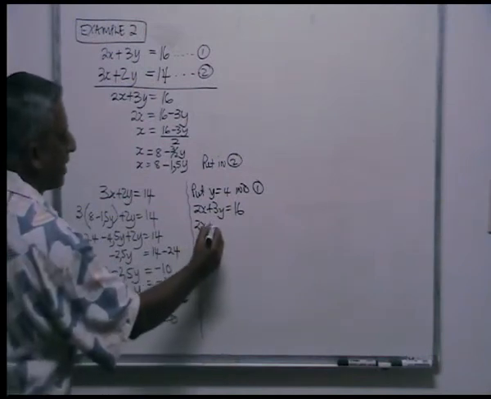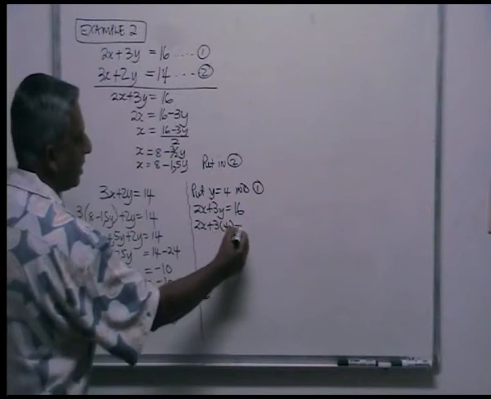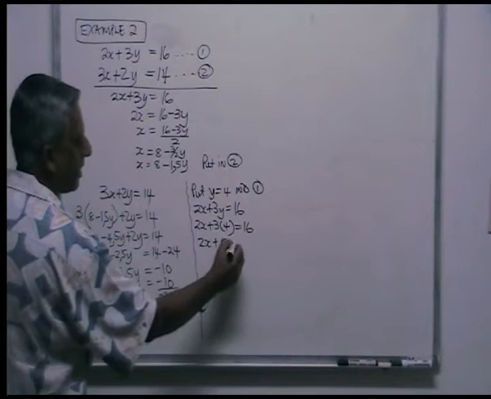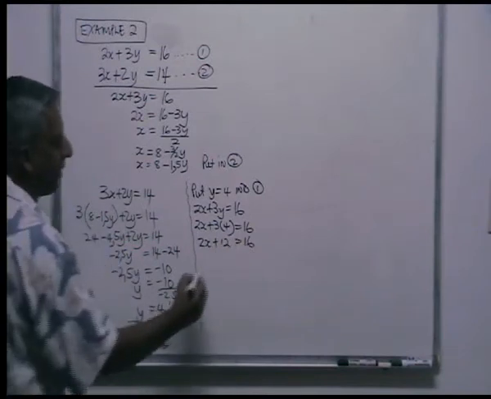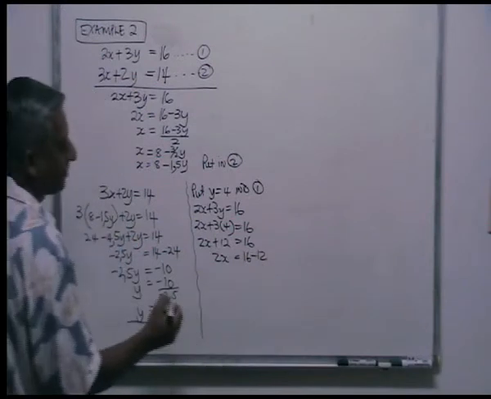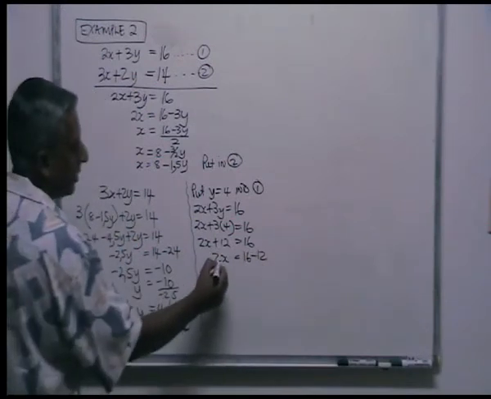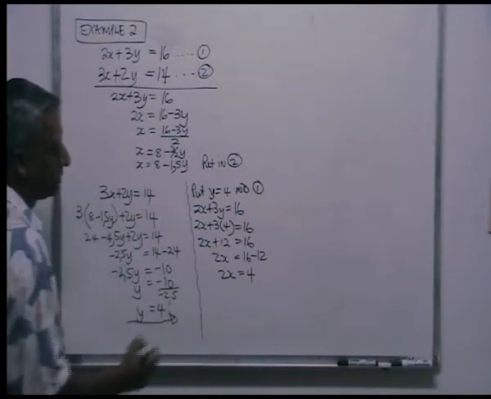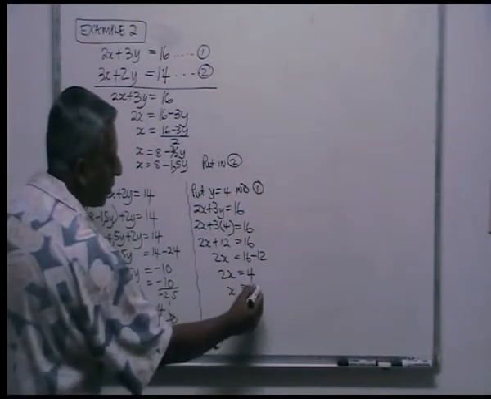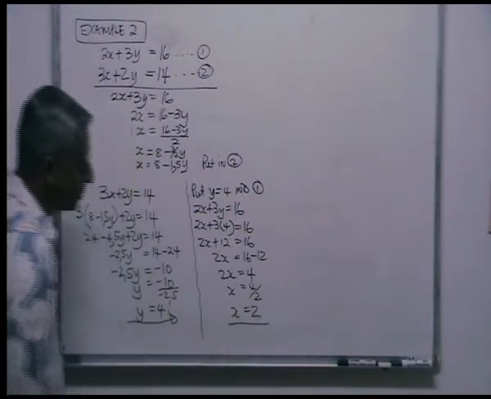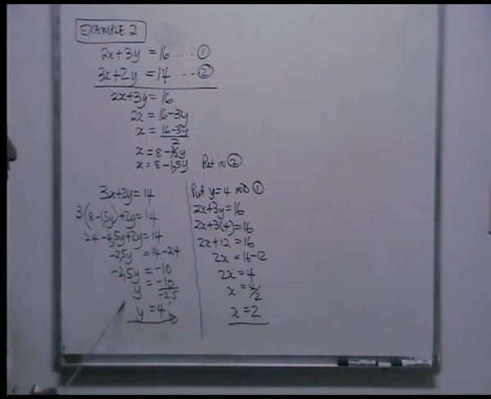So 2x plus 3 times 4 is equal to 16. 2x plus 12 is equal to 16. 2x is equal to 16 minus 12. 2x is equal to 4. x is equal to 4 over 2. x is equal to 2. So you have solved the equations: y is 4 and x is 2.